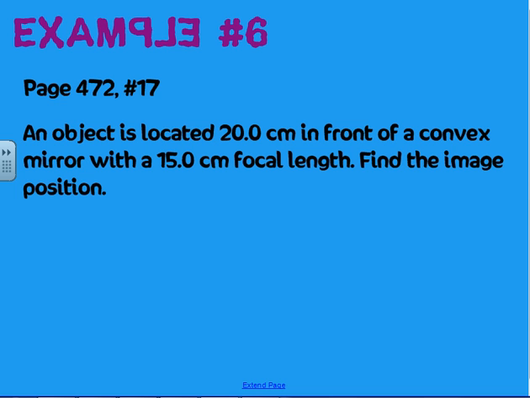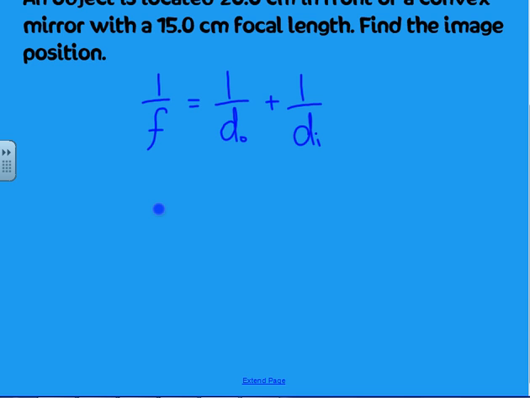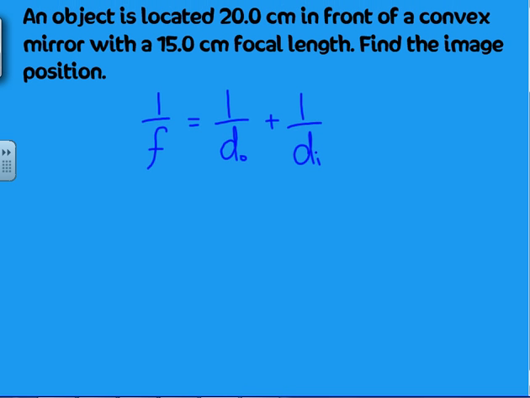Just as we did in the first example in this video, we'll use the equation 1 over focal length is 1 over object distance plus 1 over image distance. The thing that's different with this problem, and the fact that it's a convex mirror, means I need to put in a negative focal length. If I forget that negative sign, I will get an incorrect answer.